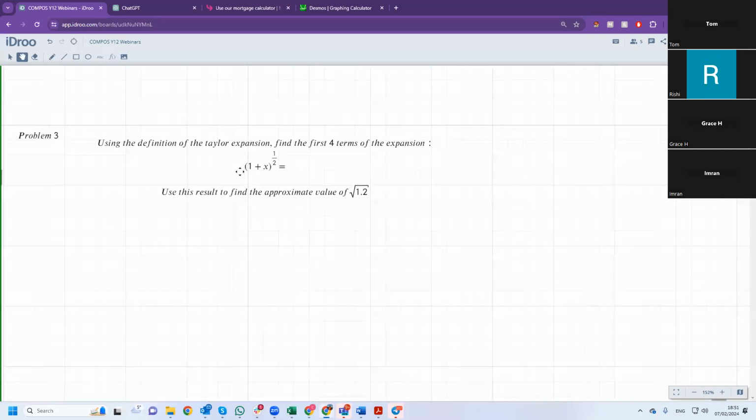Number 3. Using the definition of the Taylor expansion, find the first terms of the expansion of 1 plus x to the power 1/2. Use the result to find the approximate value of the square root of 1.2.